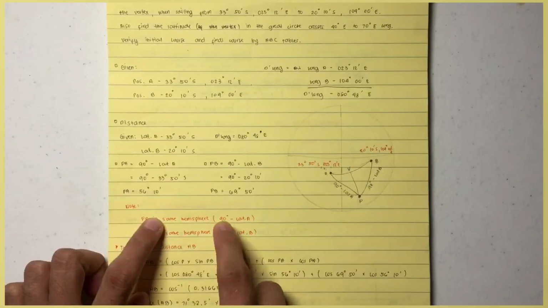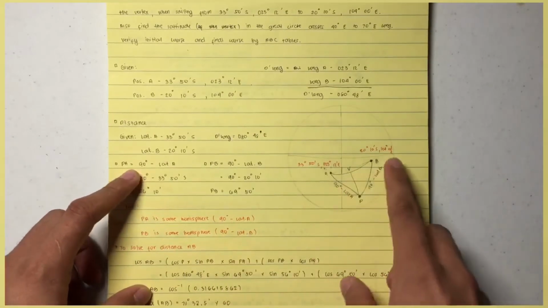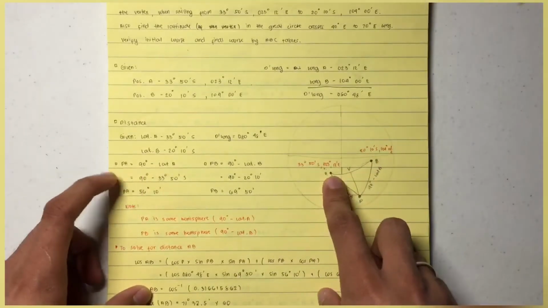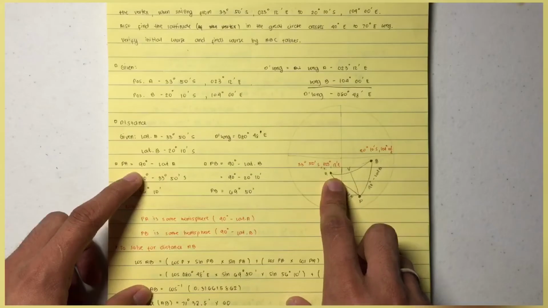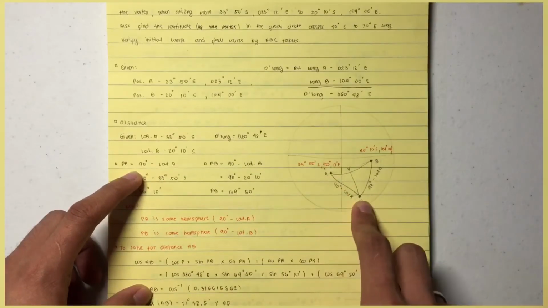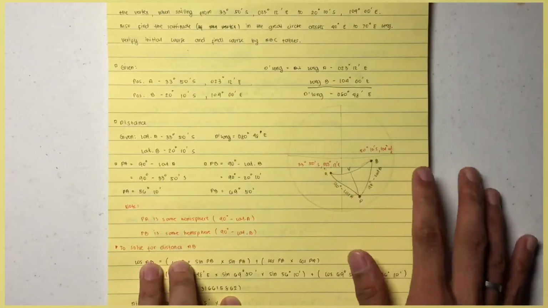We have a note here: PA, same hemisphere, so 90 degrees subtracted by the latitude A. The A is in the southern hemisphere and the P is also in the southern hemisphere, so both are in the same hemisphere.